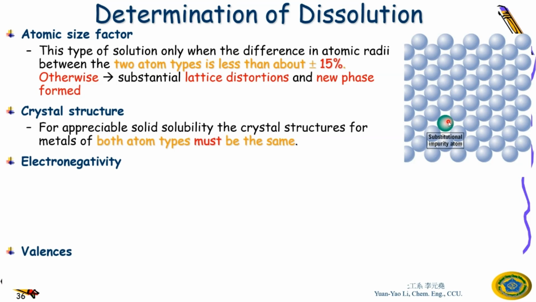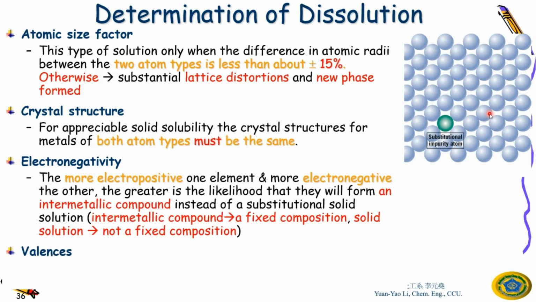That means if you want to put a foreign atom into copper, both types of structure need to be the same. For example, if copper is FCC, you need to find another metal which is FCC structure, so you can make a solid solution. Okay.